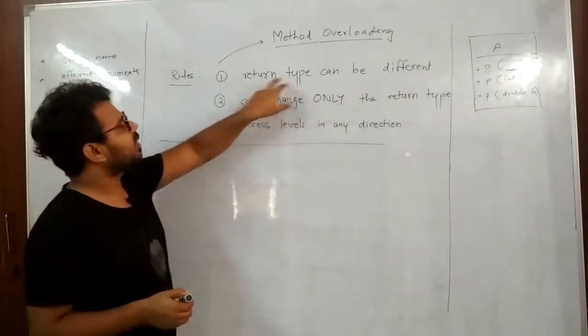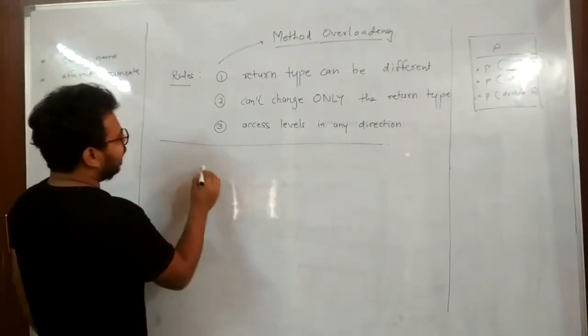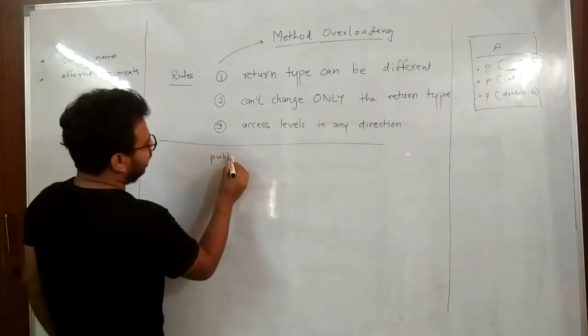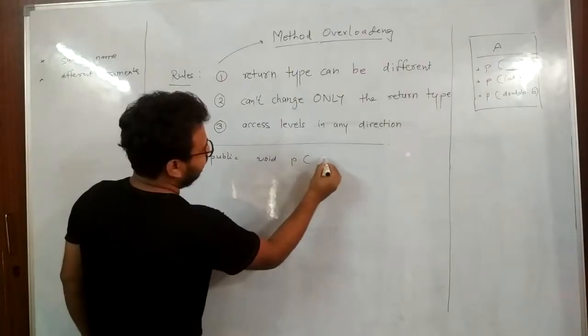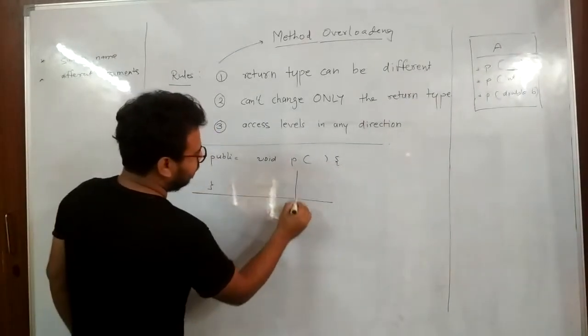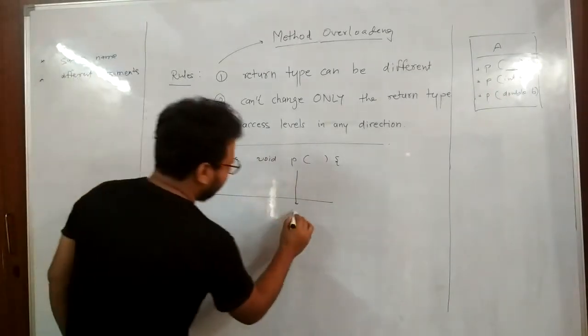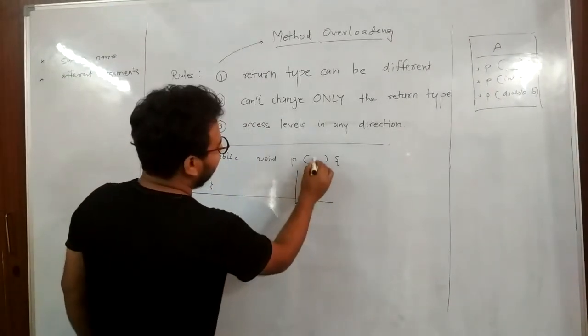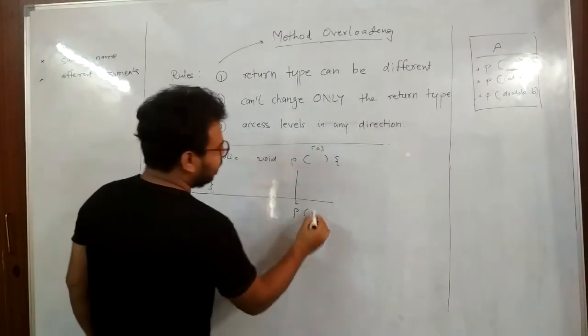The first rule says the return type can be different. What does this mean? Suppose we have a method public void P with no arguments. Now let us have its overloaded method. For overloading we must have the same name, and the number of arguments must be different.